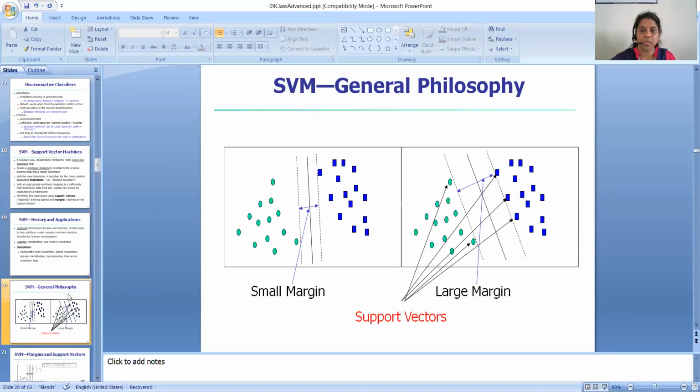Now we'll see what a hyperplane is, and what a margin is in relation to SVM. Suppose we have two target classes.